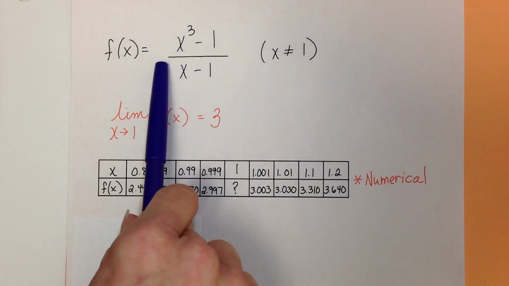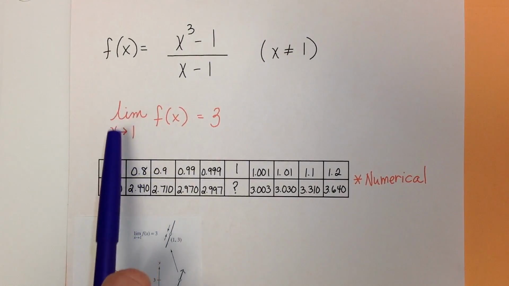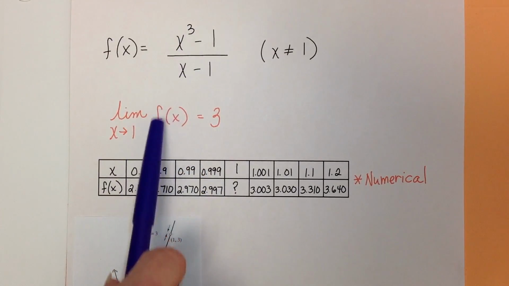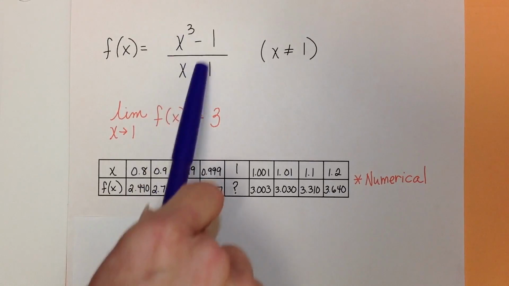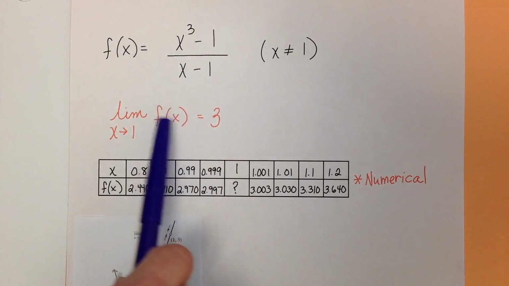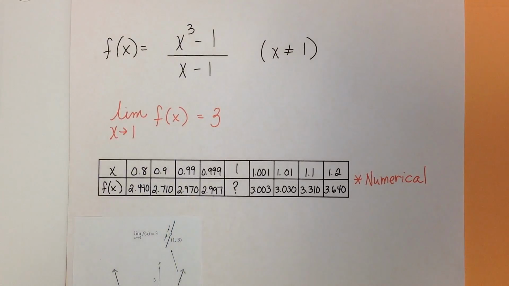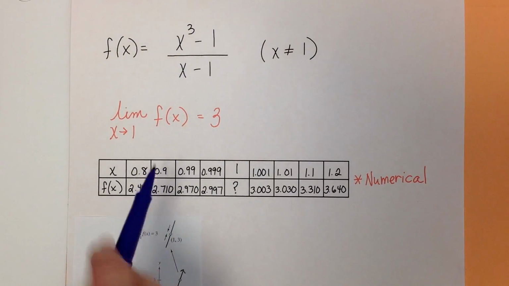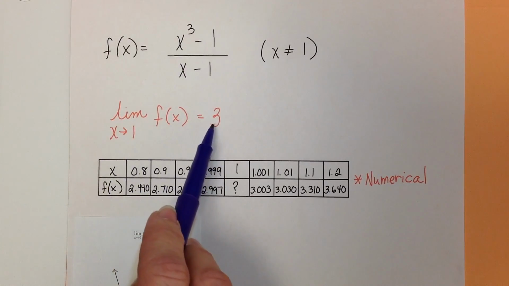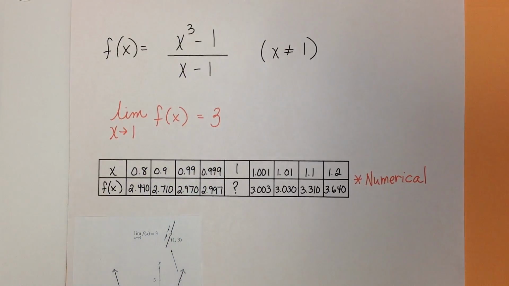So this is our function. So you're asked to find the limit as x approaches 1 of this function. So they just wrote f of x here instead of writing this. So sometimes you'll see the actual function written here, and sometimes they'll just put the notation f of x. But they're telling you that the limit as x approaches 1 of this function is going to be equal to 3. And this table is going to prove to you that it is equal to 3.